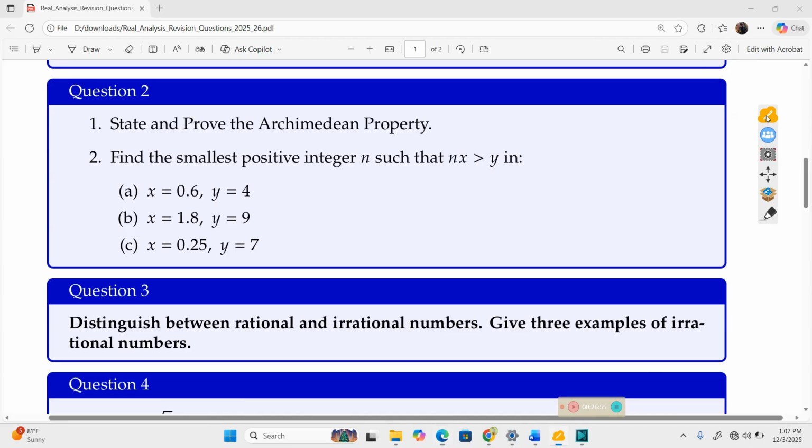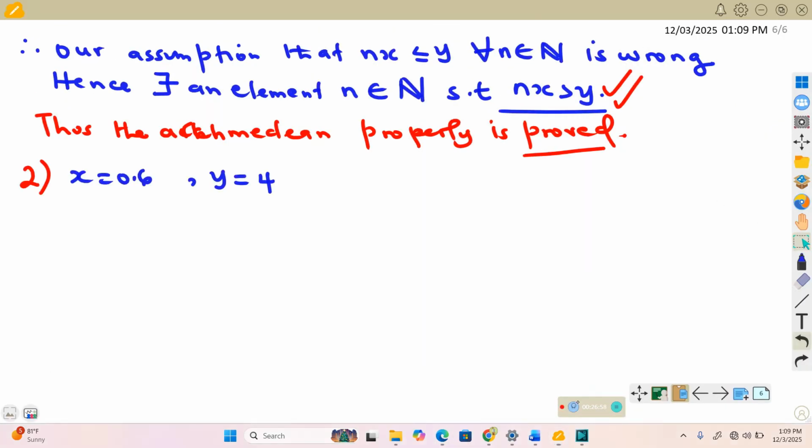So looking at part 2, we are given x as 0.6 and y as 4. Let us get the value of n such that nx is greater than y, where n is an element of the set of natural numbers.